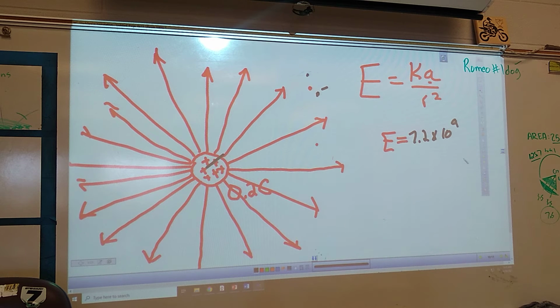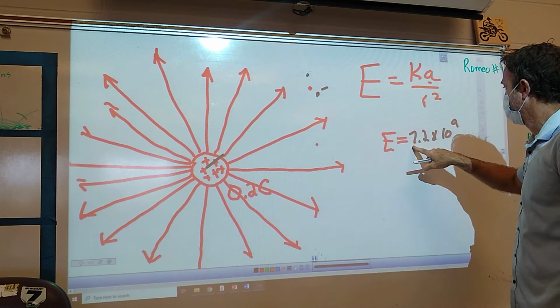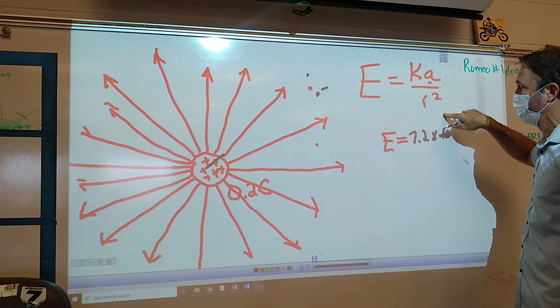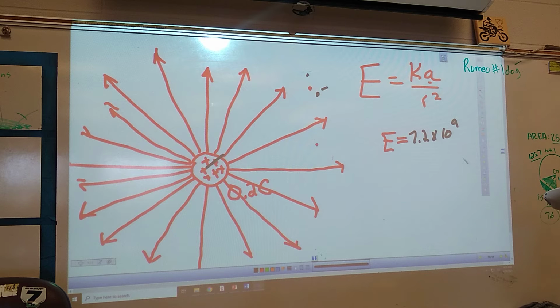If we wanted to, we could now say, if the electric field intensity on a test charge right here is equal to 7.2 times 10 to the 9th coulombs per meter squared, we can also look at the other formula that is now E is equal to F per Q. All right, didn't we just say this was an electron? What is the charge of an electron? Negative 1.6 times 10 to the negative 19th. Everybody agree with that?